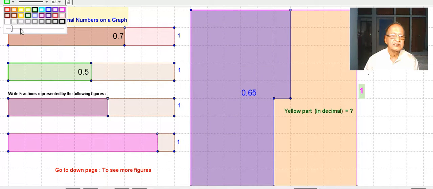This shaded region denotes 0.5, which means half. We have considered this full strip as 1, and here also is a 1. So each strip is 1 unit, and out of that we have selected 1, 2, 3, 4, 5 and colored it. So the colored portion is 0.5.